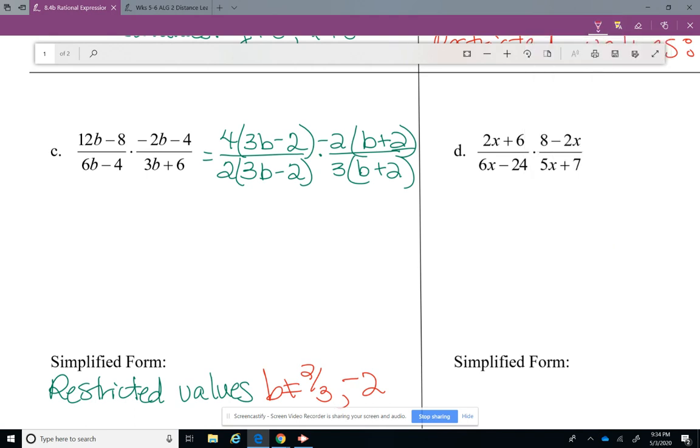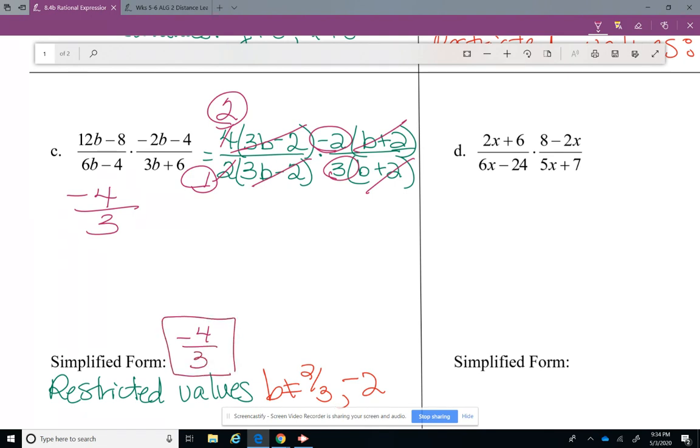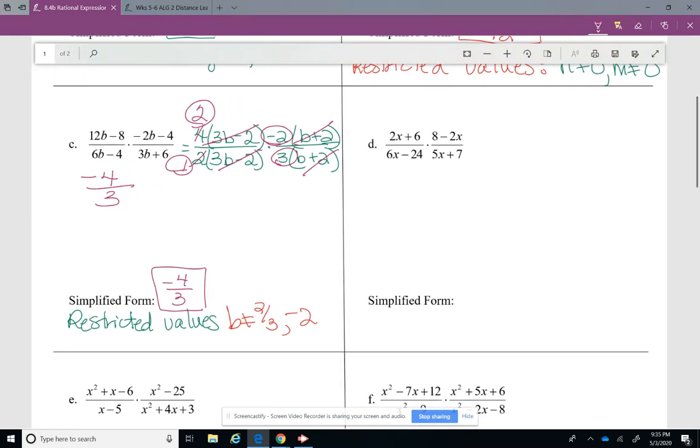This is going to work out nice. Those cancel. Those cancel. 2 goes into 2 one time, and 2 goes into 4 two times. 2 times negative 2 is negative 4, and 1 times 3 is 3. That's our simplified form, negative 4/3. That's our answer. All right, let's look at D now.